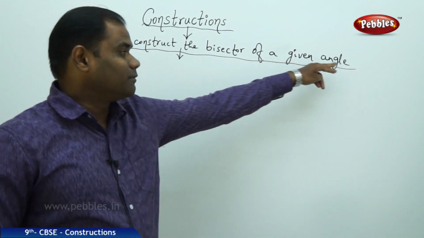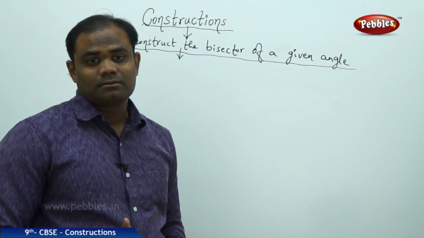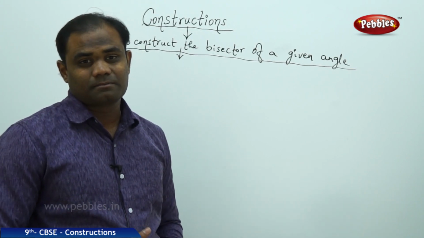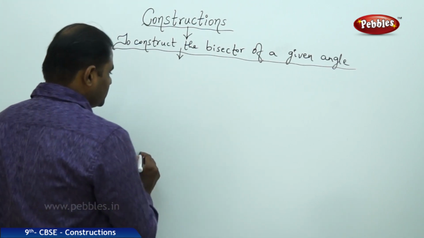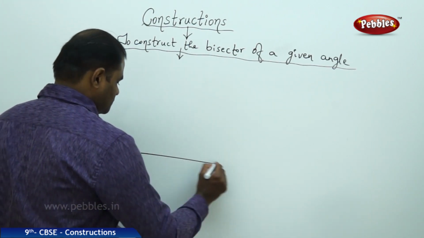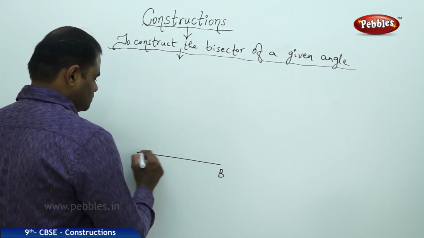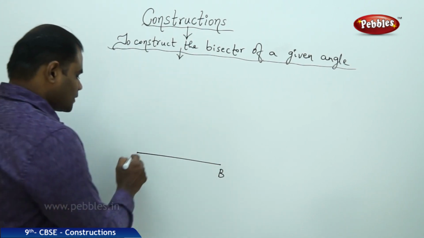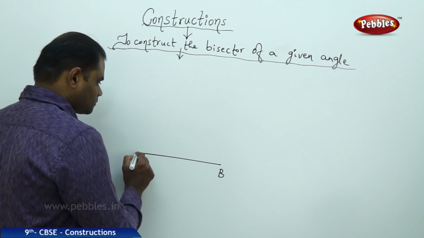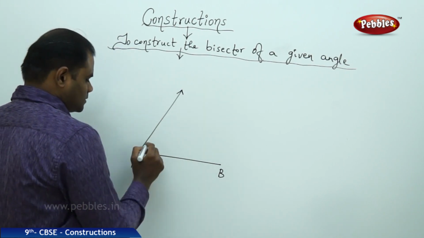I mean, a given angle which can be exactly or equally divided is what we call the bisector. So let me take the angle out here. Here is the line segment AB, and here I have an angle made by this.